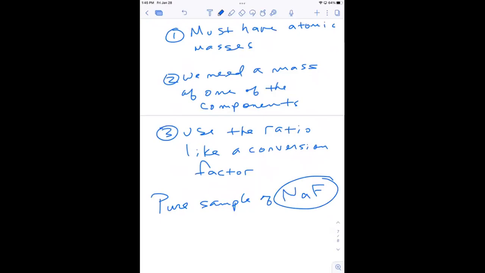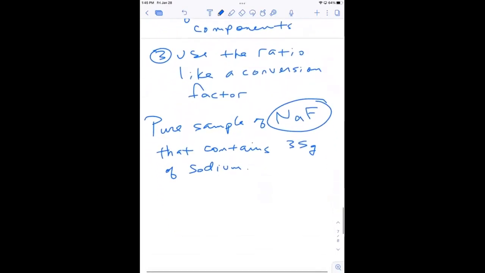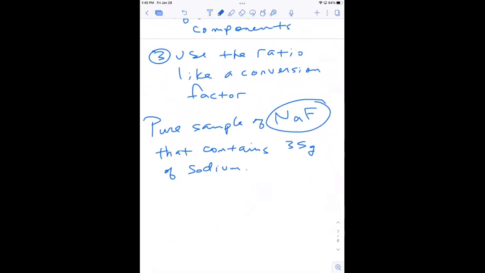If we have a pure sample of sodium fluoride, and it contains 35 grams of sodium, we can answer the question: how many grams of fluorine are present?